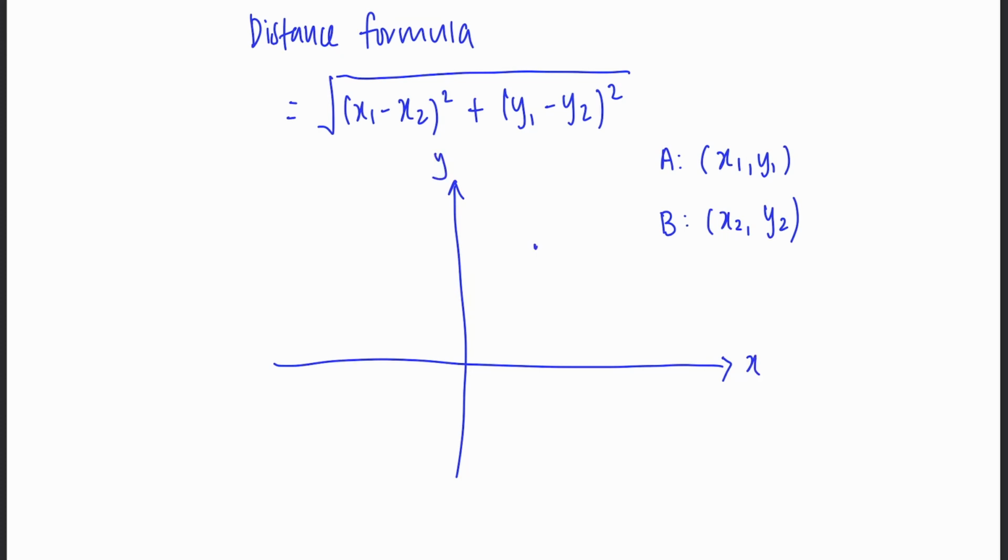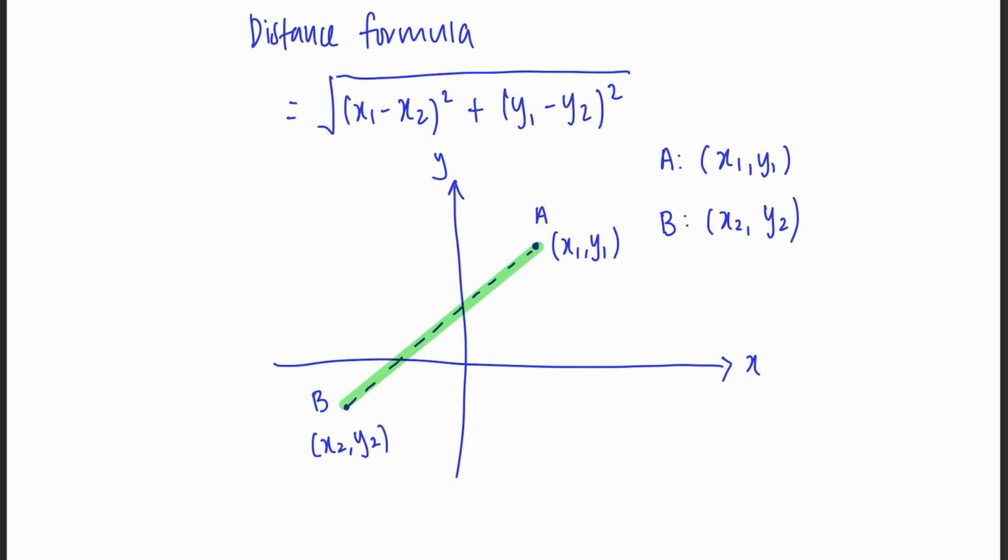So my A can be here, which is (x1, y1), and B can be somewhere around here, which is (x2, y2). Alright, so what I'm going to do next is connect the 2 points together. So what I'm finding actually is the distance between this point A and B.